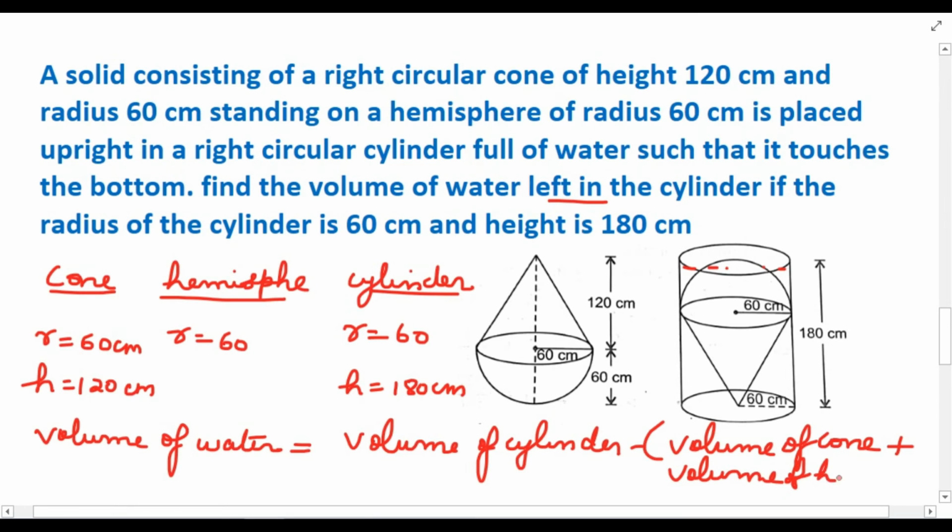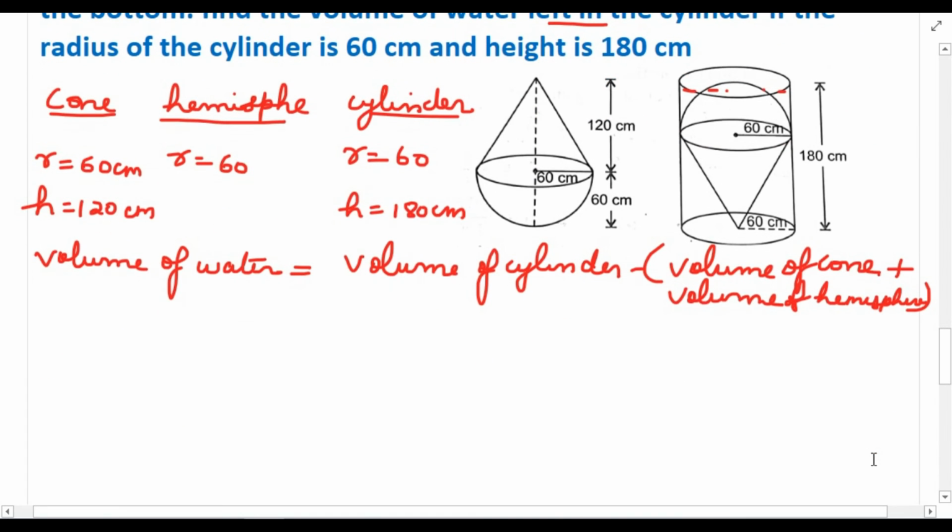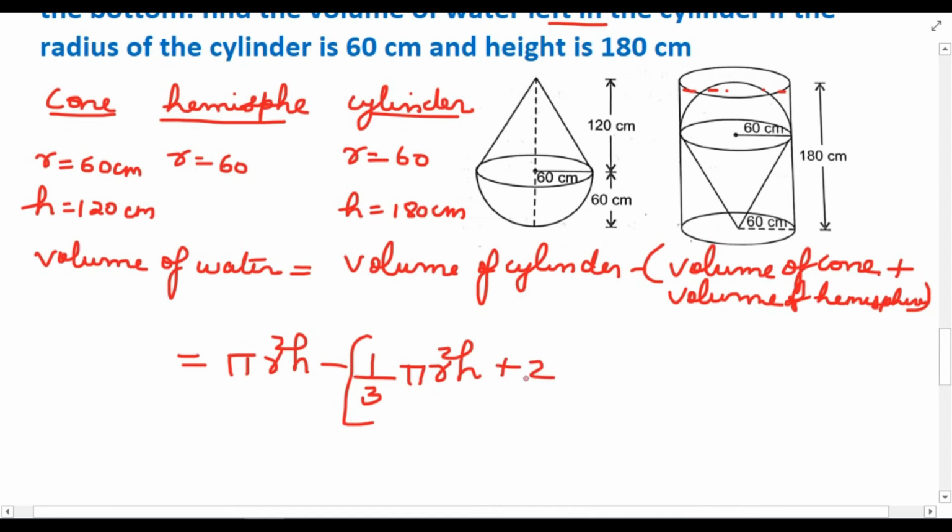This is the formula to find the volume of the water left in the cylinder. Again we can write the formula: pi r square h minus 1 by 3 pi r square h plus 2 by 3 pi r cube.